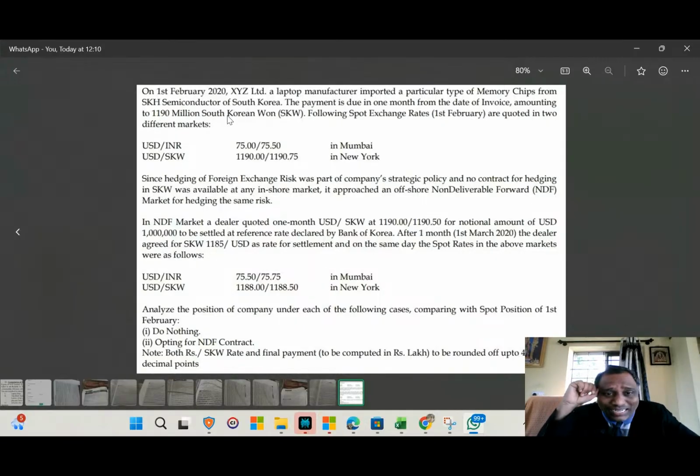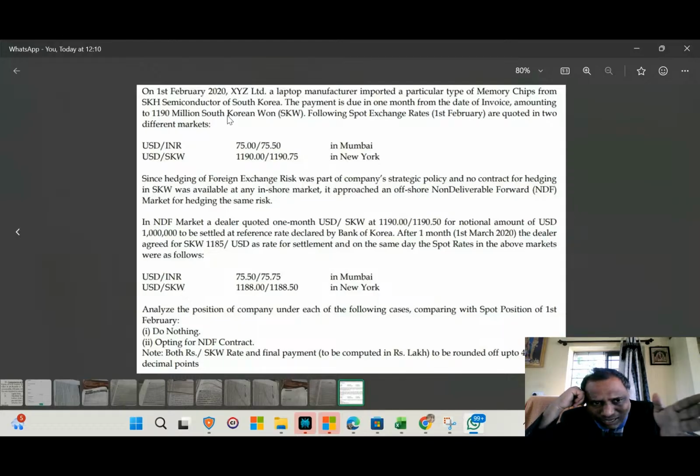In the NDF market, the dealer quoted for 1 month: for $1, I can give only 1,190.5 SKW, for a notional amount of USD 1 lakh.